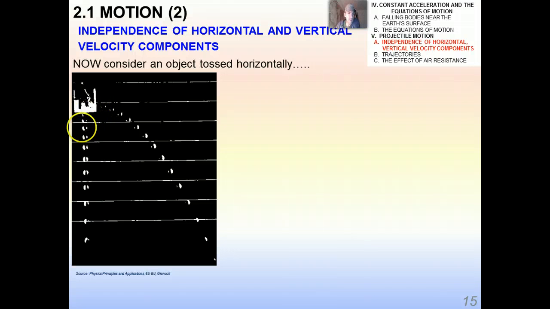And what you notice here is that this is strobe photography. So the camera takes a picture at consistent time intervals, let's say it might be 1/100th of a second or whatever. The thing to notice, keeping that in mind, is that the ball is at the same vertical position.